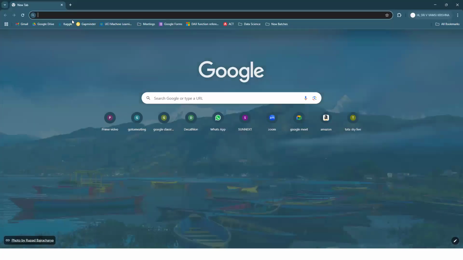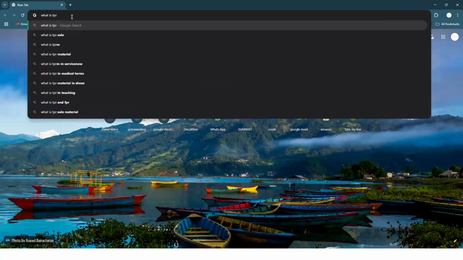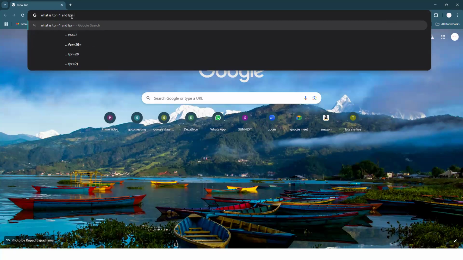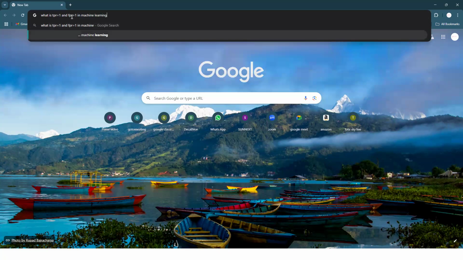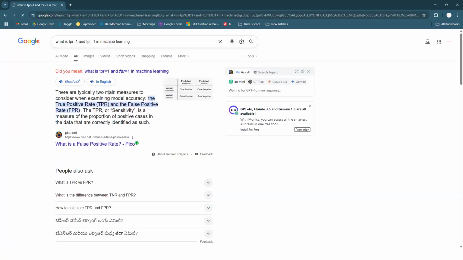I just raised some questions now, guys. What is TPR equal to 0 or TPR equal to 1, and what is FPR equal to 1 in machine learning? What is the meaning of this? TPR stands for true positive rate. FPR stands for false positive rate.